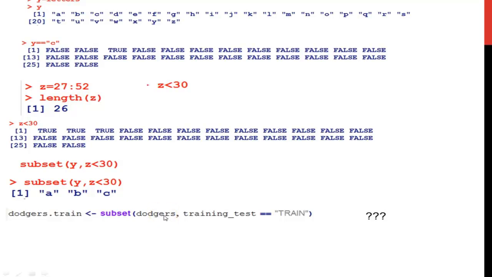Okay, does this make sense? So we had to do all of this just to get a random selection of elements from Dodgers. It's a lot of work to do, but that's the way he's doing it in this text. Okay? Everyone follow it?